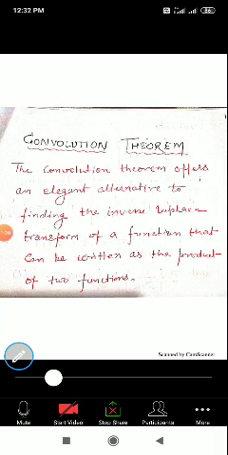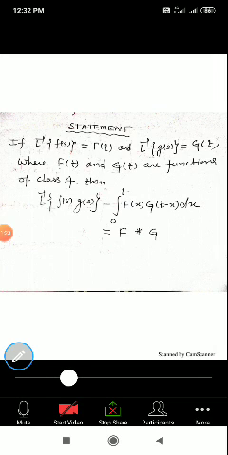The mathematical statement is: if the Laplace inverse of F(s) is equal to f(t) and the Laplace inverse of G(s) equals g(t), where f(t) and g(t) are functions, then we can find the Laplace inverse of F(s) times G(s), which equals the integral from 0 to t of f(x) g(t minus x) dx.